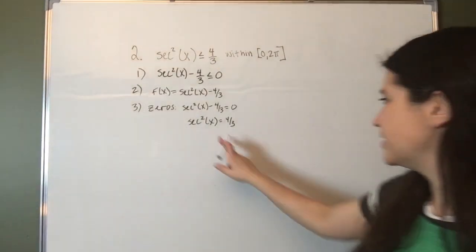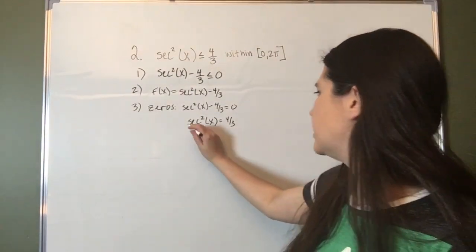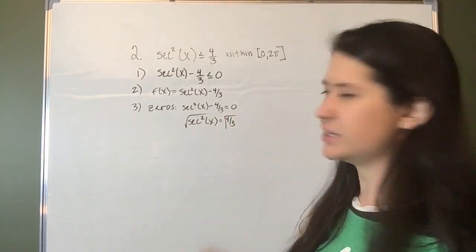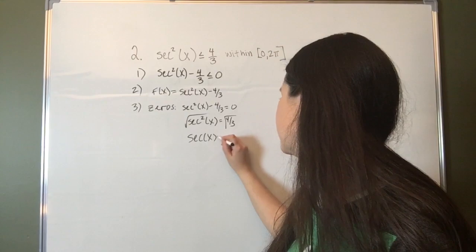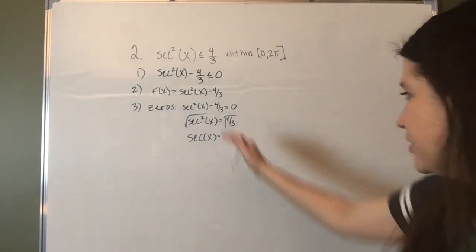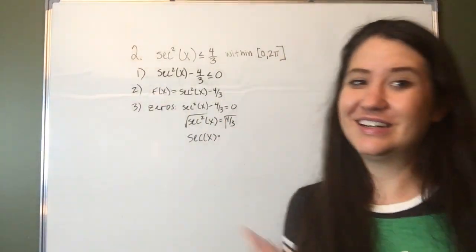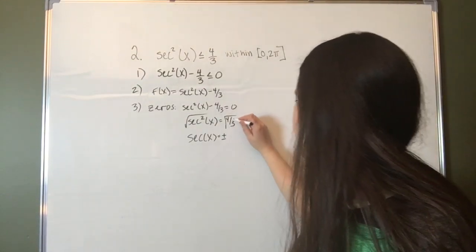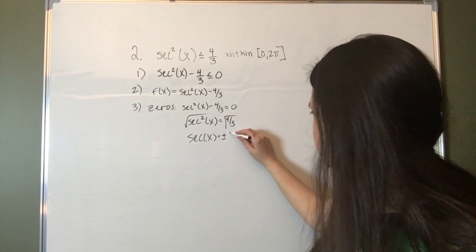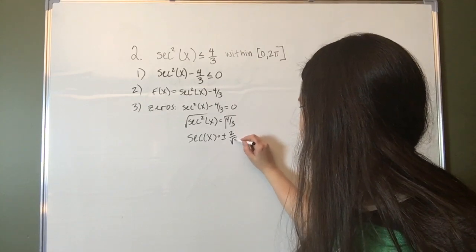We're trying to solve for x, so we want to get rid of the square. Let's go ahead and take the square root of both sides. That gives us secant of x equal to, and then you remember what you have to put when you take the square root of both sides of an equation? Plus or minus. All right, so we're going to put plus or minus. Square root of 4 is 2 over the square root of 3.